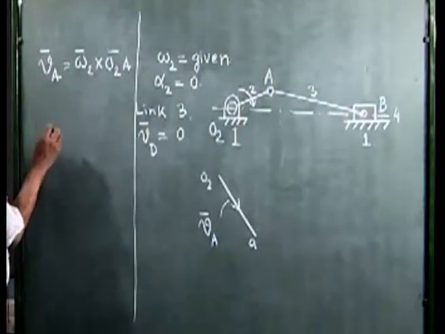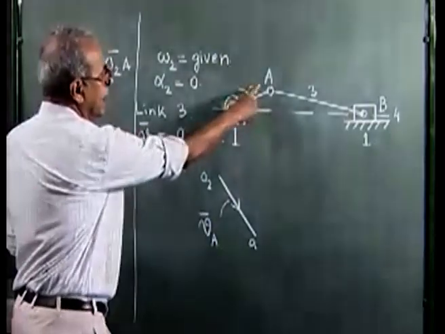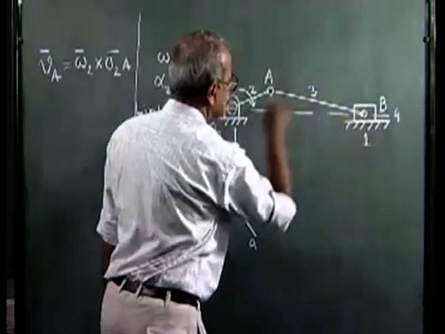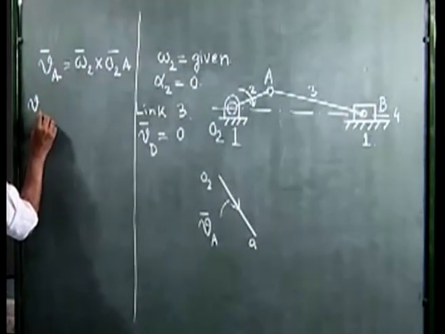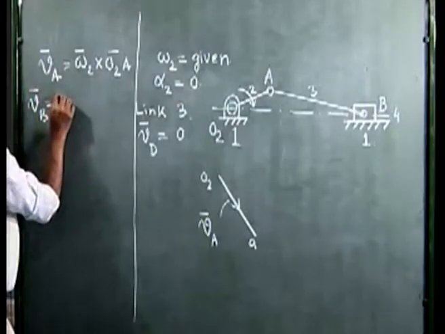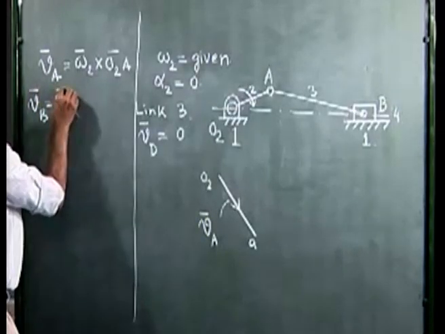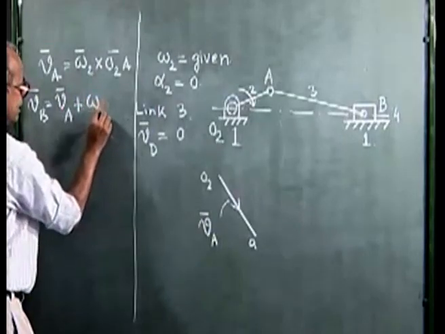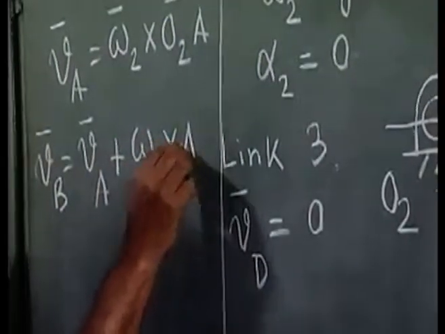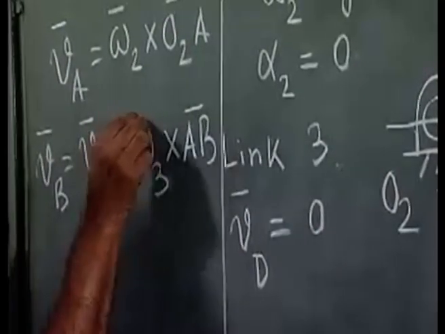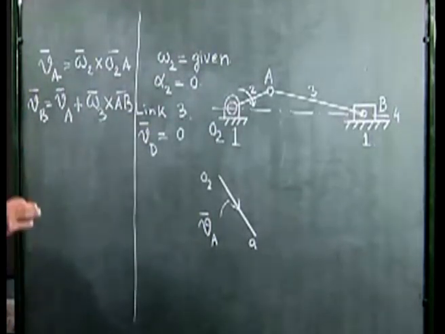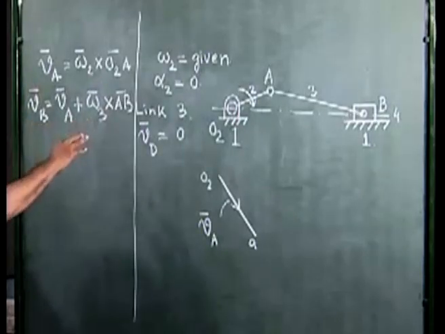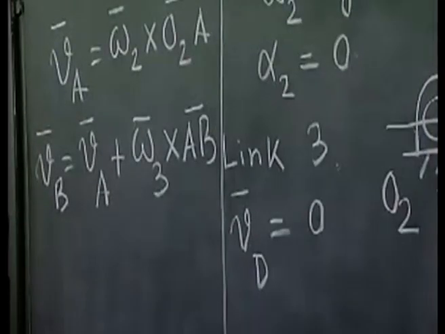Now we consider two points A and B belonging to the same rigid body, namely 3. So we can write VB is VA plus omega 3 cross AB. As we said earlier, before trying to draw the velocity of B, let us verify that this vector equation does not have more than 2 unknowns.